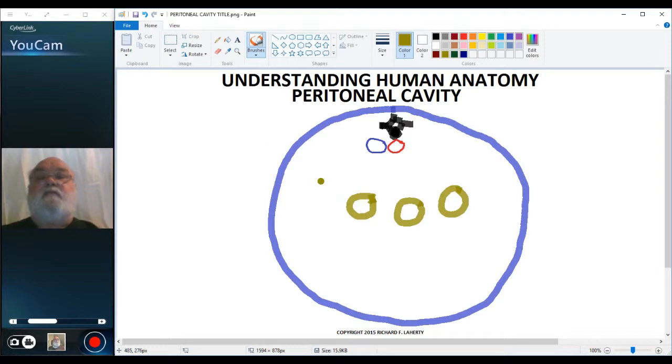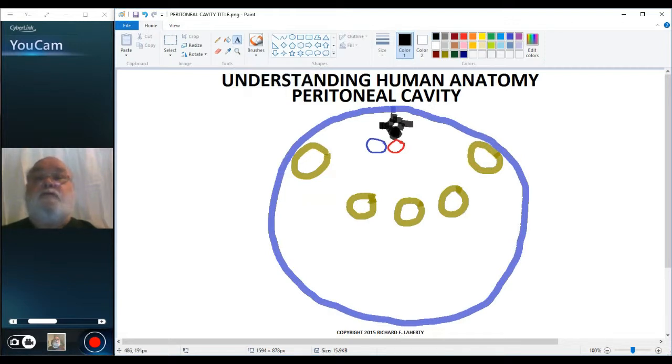And then we're going to have the ascending colon and the descending colon attached to the body wall. They're secondarily retroperitoneal. So let me put in some labels.